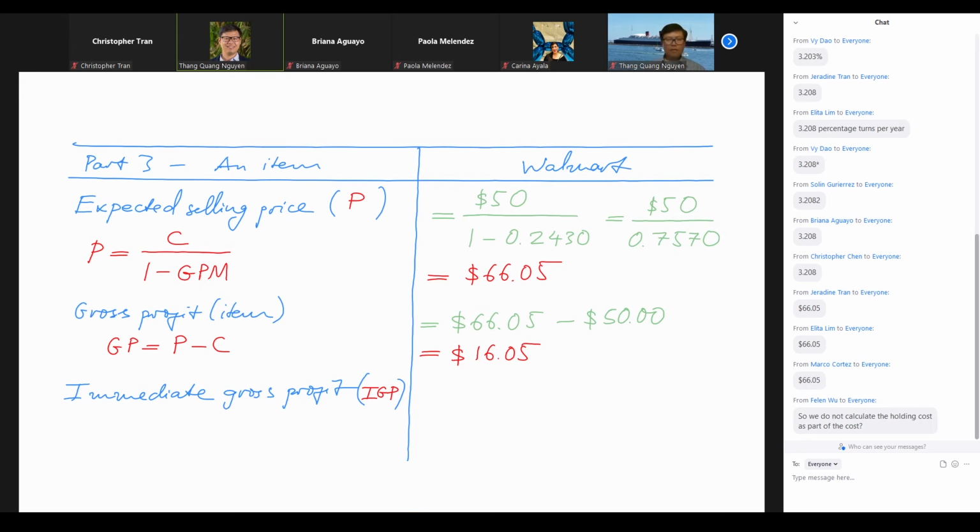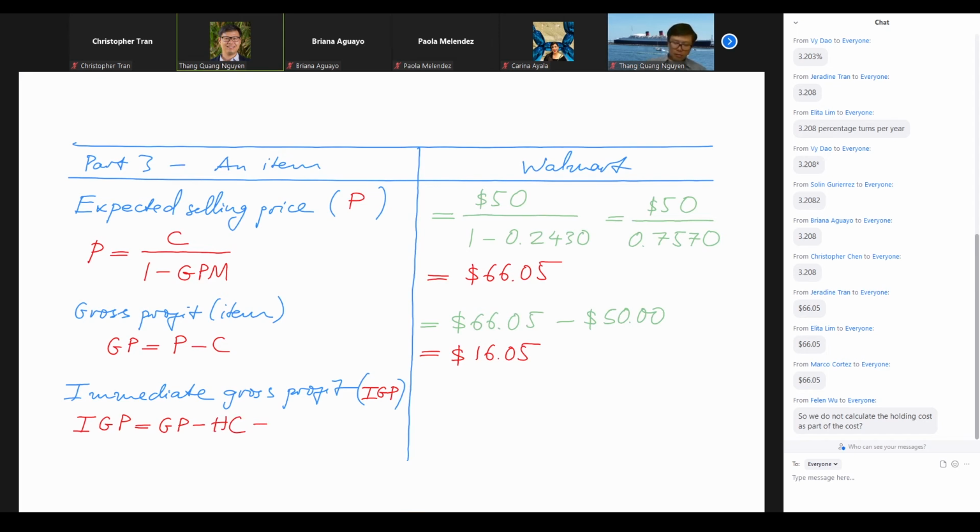Immediate gross profit means the following. We have to immediately factor in the holding cost of the item to see if that item is profitable or not, right? So the equation for the IGP is the following. You will take the gross profit of the item and then subtract the holding cost of the item, right? To see how profitable it is.